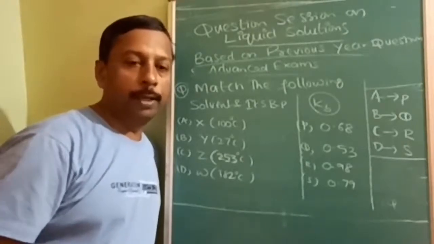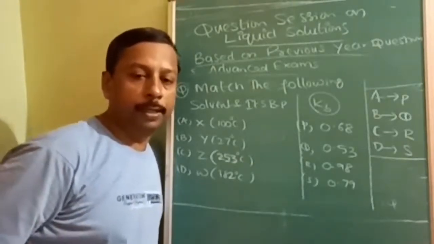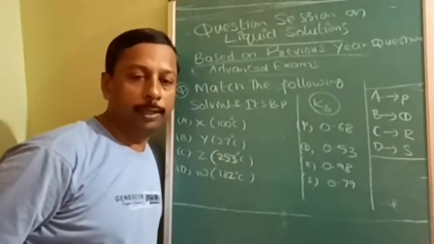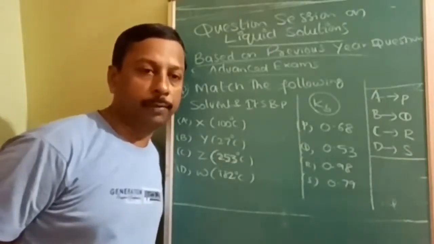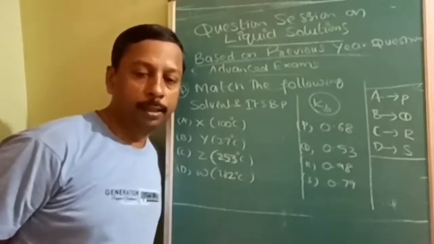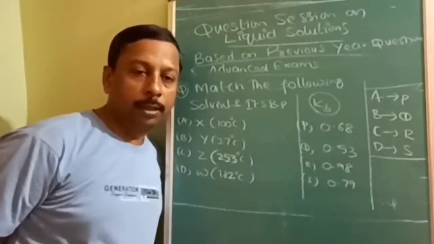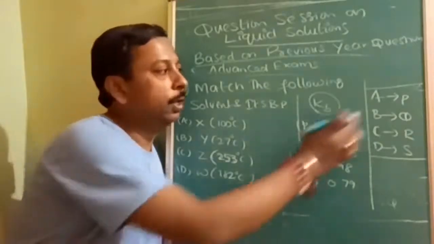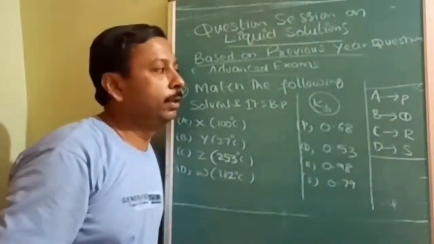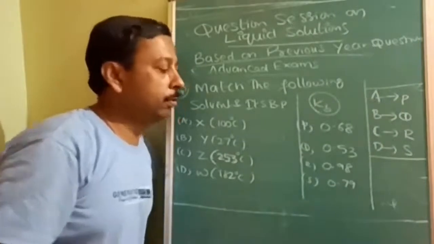This is purely based upon Kb being directly proportional to the solvent's boiling point. As the solvent boiling point increases, Kb also increases. So higher the boiling point, higher will be Kb. Lower the boiling point, lower will be Kb.